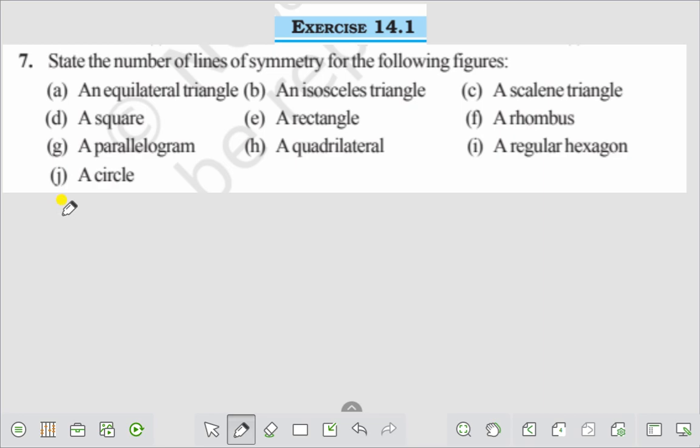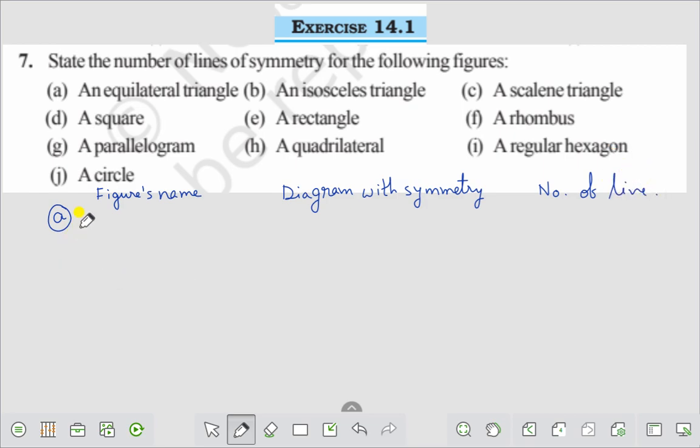First one is an equilateral triangle. We draw an equilateral triangle, with the figure's name, the diagram with symmetry, and the number of lines.